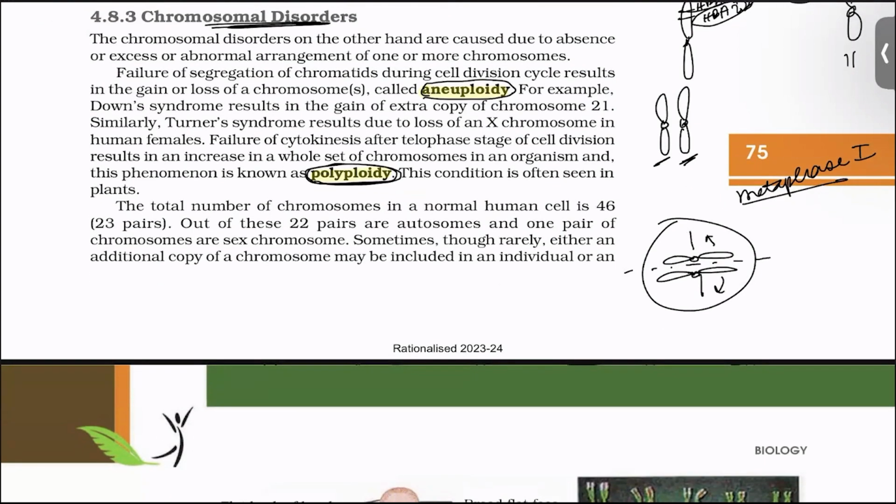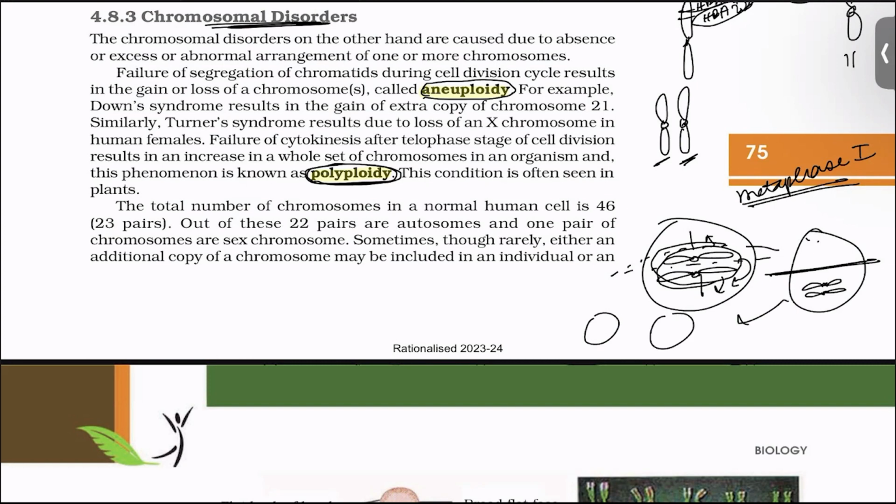But if in the metaphase 1 segregation process, sometimes the entire pair of chromosomes comes to one pole, I mean, two chromosomes are here and this side has no chromosome, and the cell divides, and finally, in the daughter cells, one cell will have one set less, and another cell will have one set more.